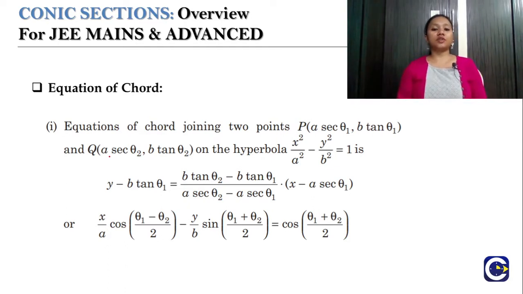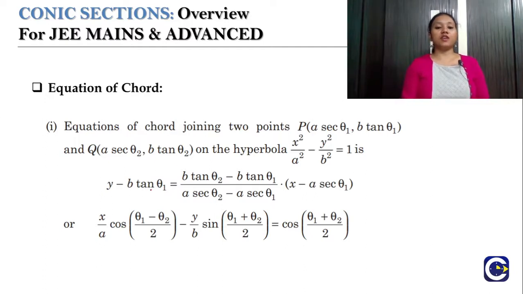The equation of the chord joining two points. Here there are two points given on the hyperbola x square by a square minus y square by b square is equal to 1. There is nothing new here, guys. Two points are already known, and you are familiar with writing the equation of a line when two points are given. That is the two-point form of the equation.